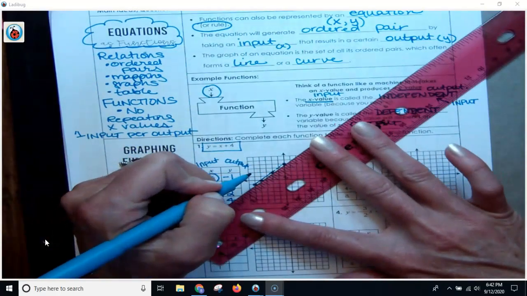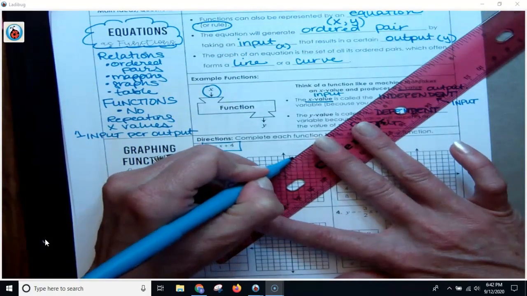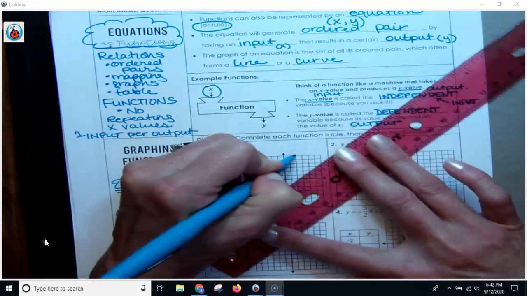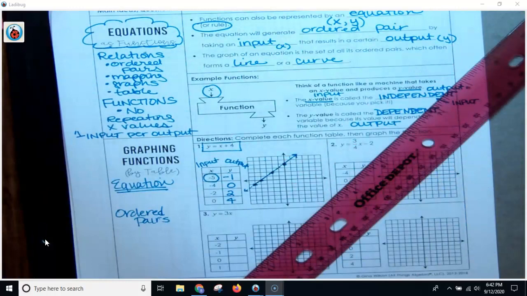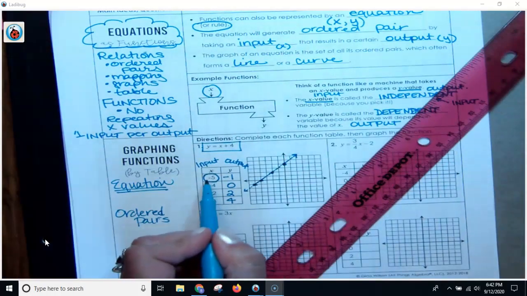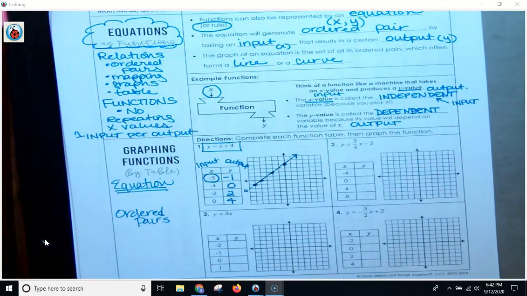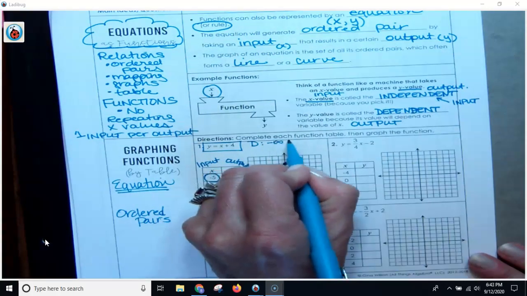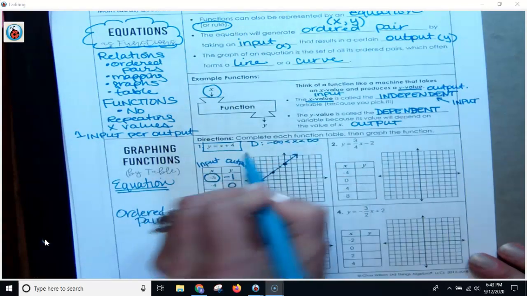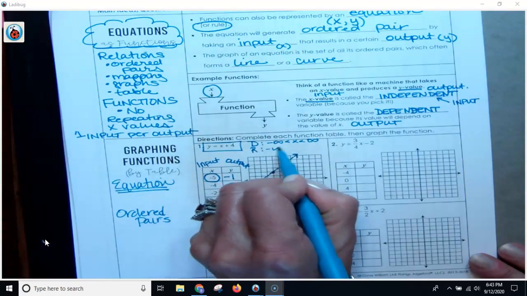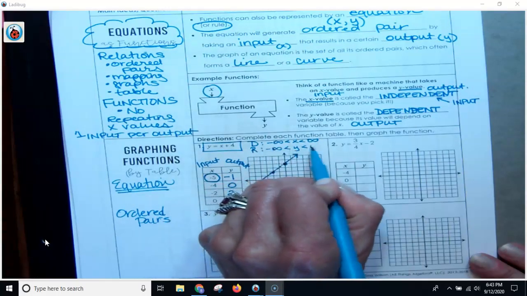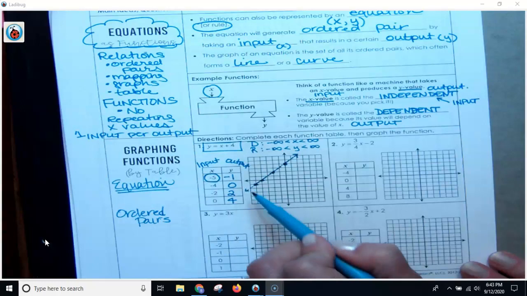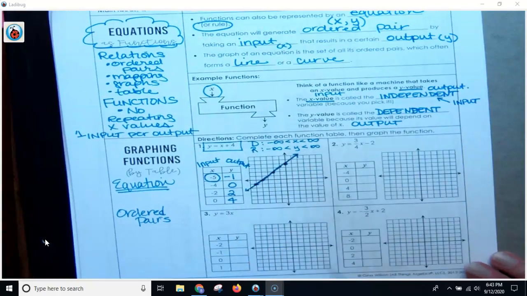It's not really a solid line, and it goes on and on forever. There's no limit to what x value you can put in. So my domain in this situation would be negative infinity to positive infinity, and my range would also be negative infinity to positive infinity. Keep in mind, we're still talking about domain and range even when we're not talking about it, because it's important.